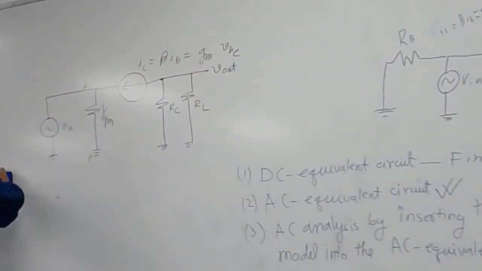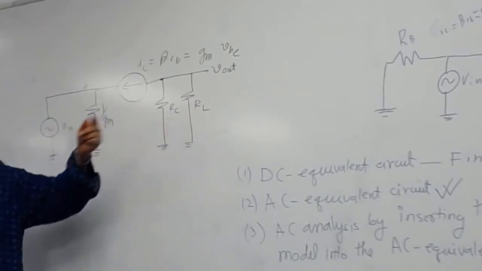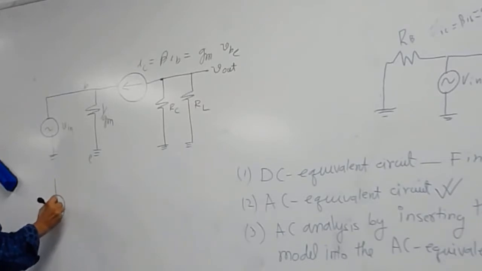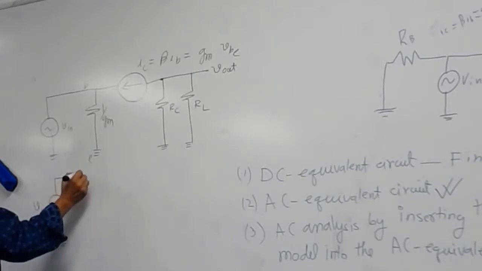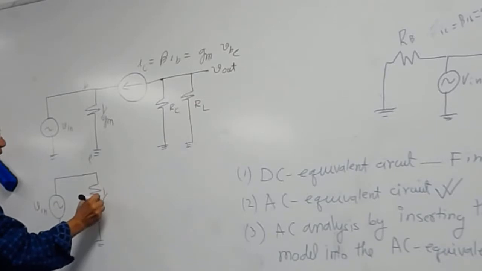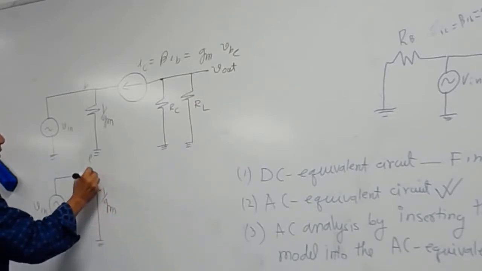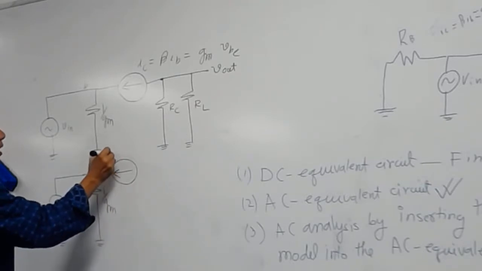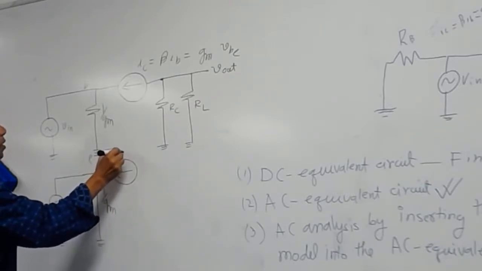Can we simplify it a bit more? We can combine these two together into one resistance. You put your voltage source here, V in. Your ground is here. 1/GM here. Your current source here, IC equal to beta IB equal to GM VB.